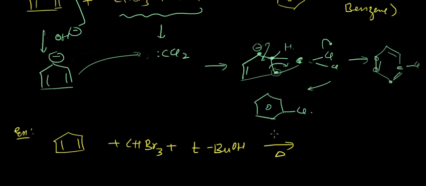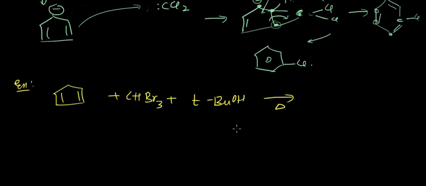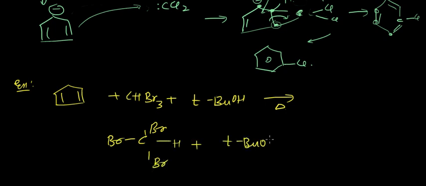good base, okay. Obviously it's a very bad nucleophile, but it's a good base. I hope you remember the difference between a nucleophile and a base. In nucleophilicity we see the basicity as well as the steric hindrance, but in basicity we just see the electron rich compounds.